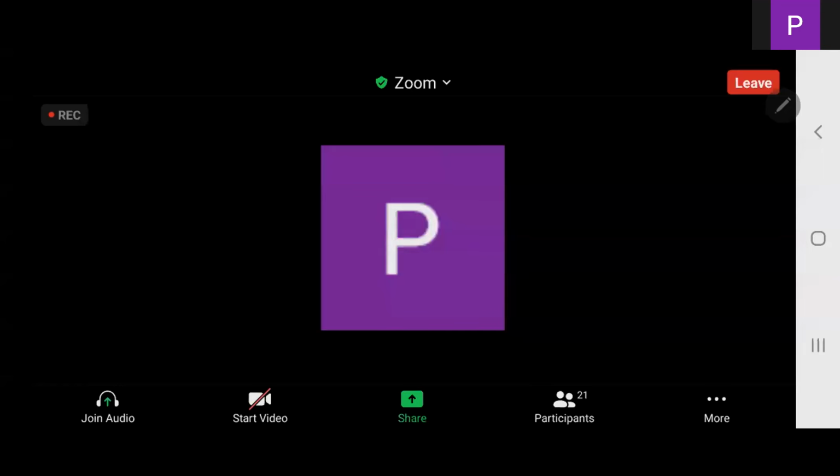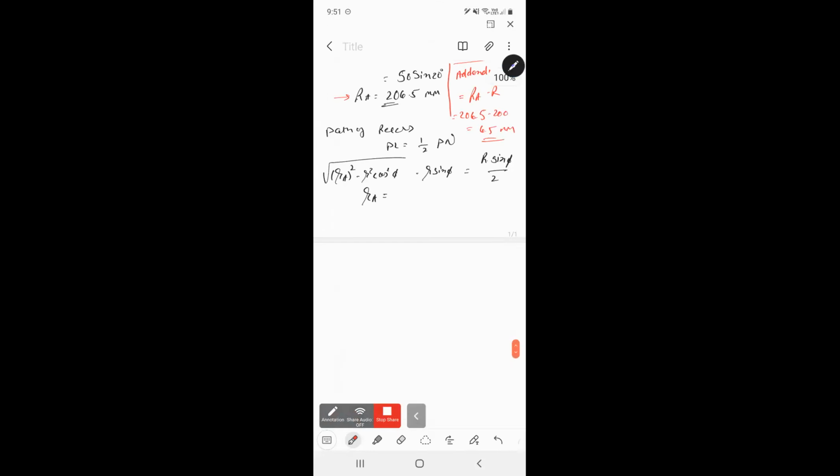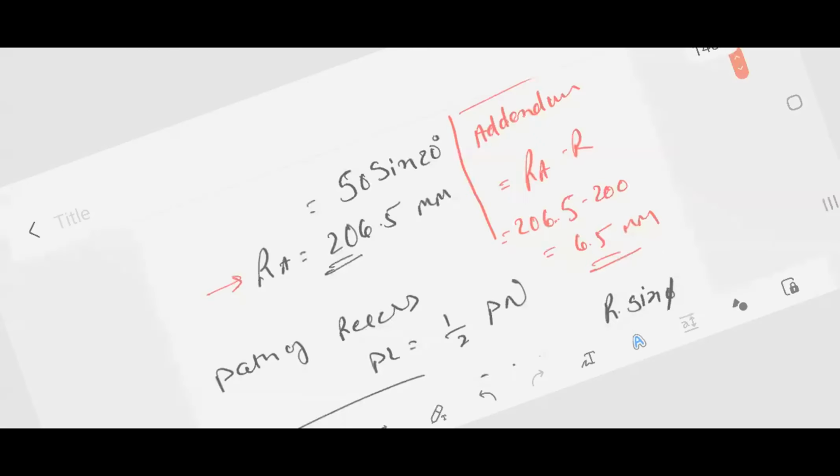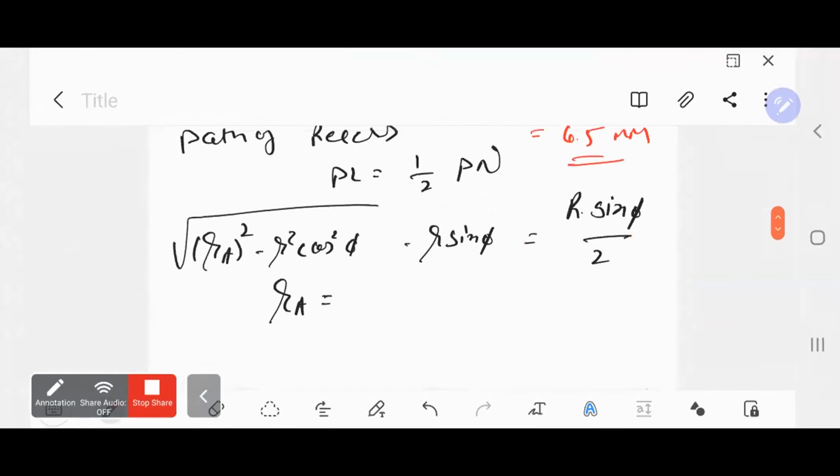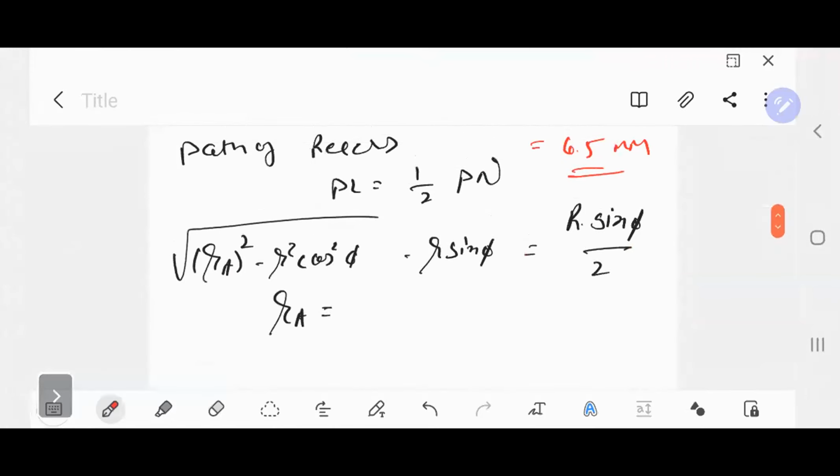Now continue the numerical and find the second one. Path of recess is equal to this equation. So give the answer: what is the small ra?